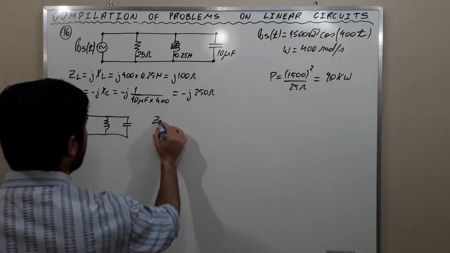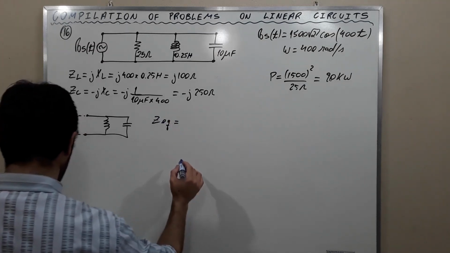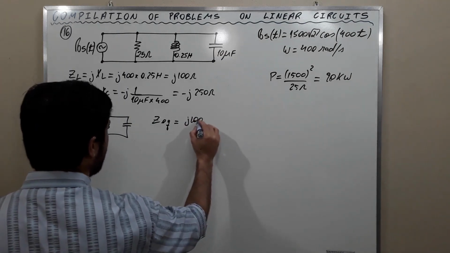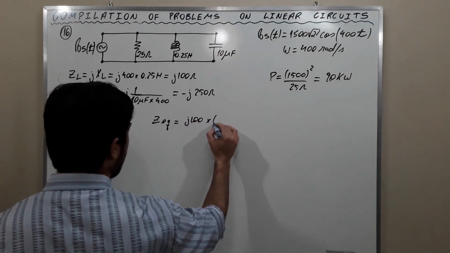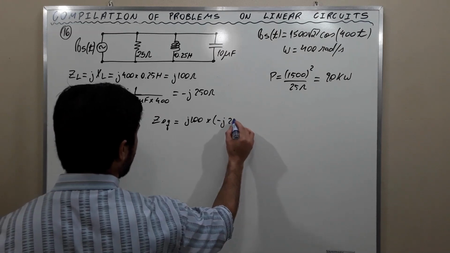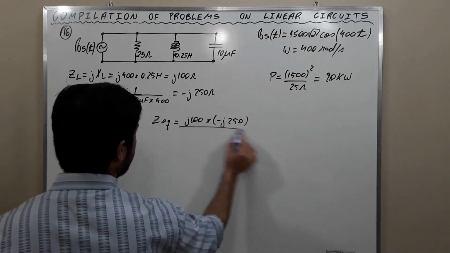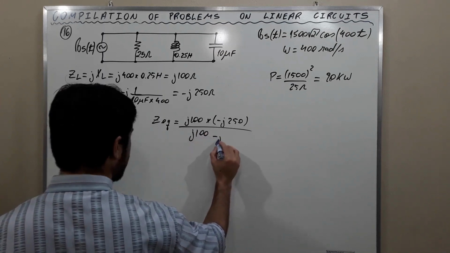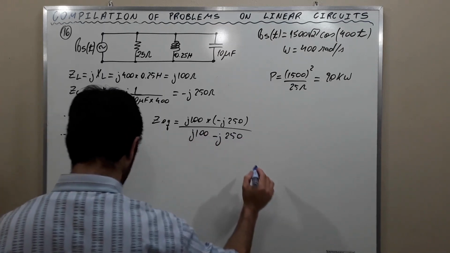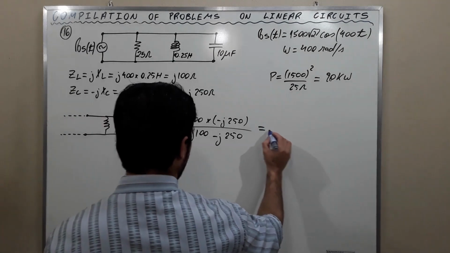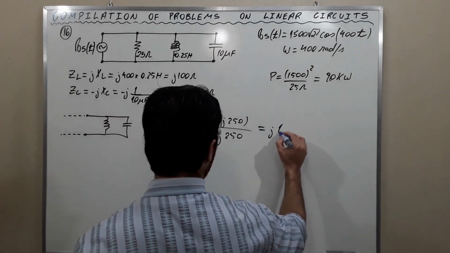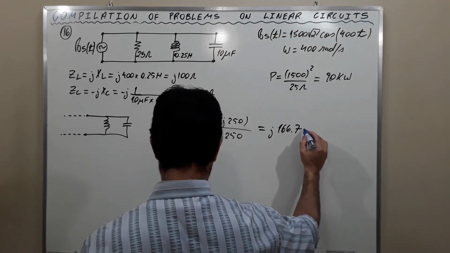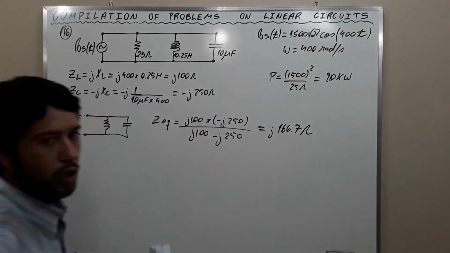So the equivalent impedance is j100 times negative j250 divided by j100 minus j250, and this is equal to j166.7 ohms.